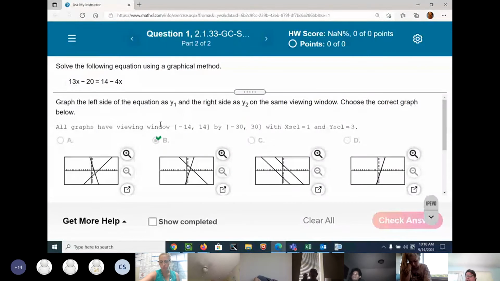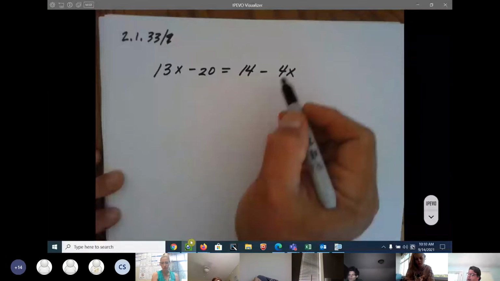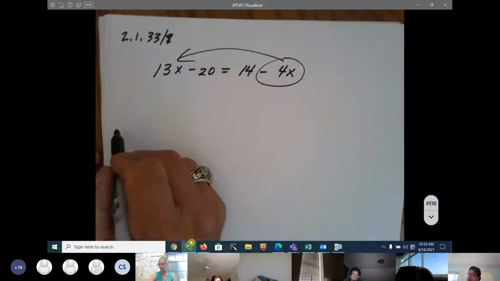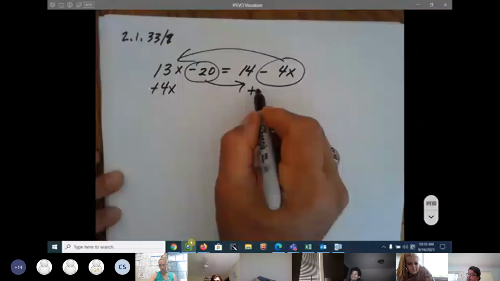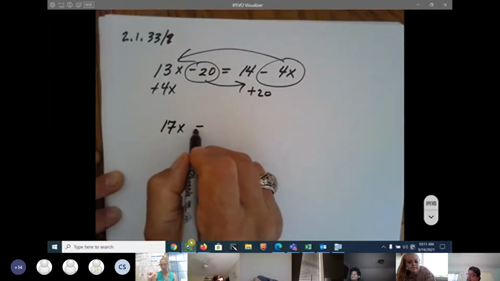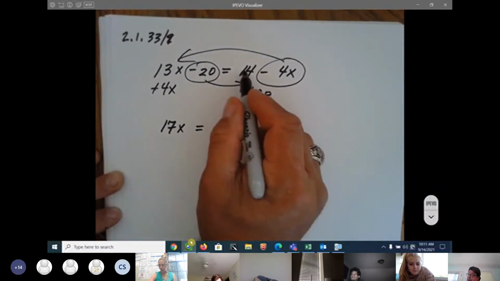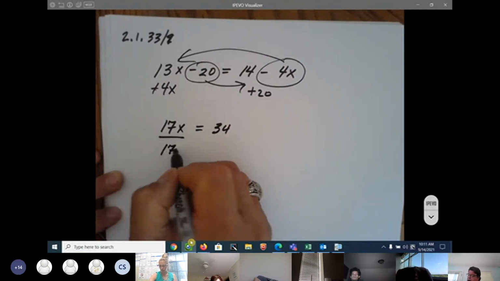So 13x minus 20 equals 14 minus 4x. The first thing you do is you got to solve for a variable. So I'm going to bring this 4x across the river. Bring this 20 across the river. So that's going to give me 17x is equal to 20 plus 14, which is 34.